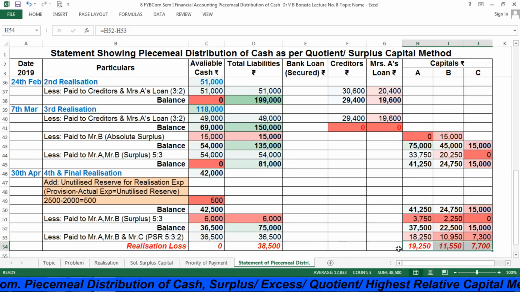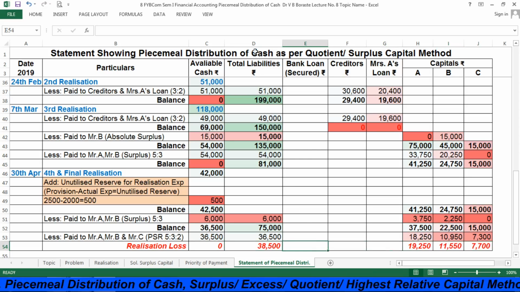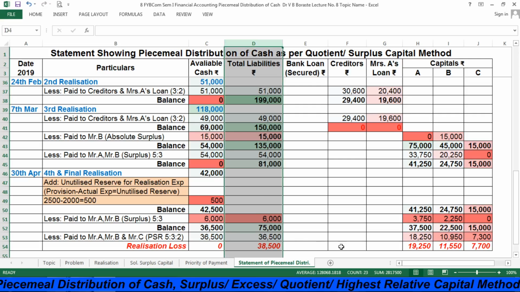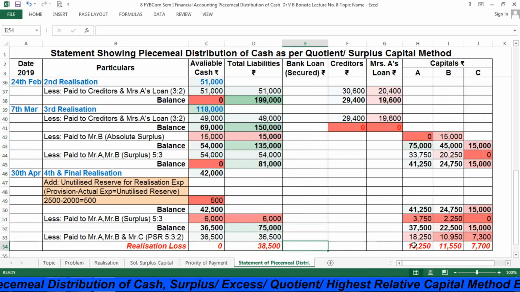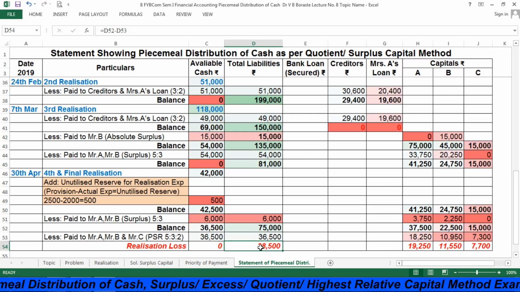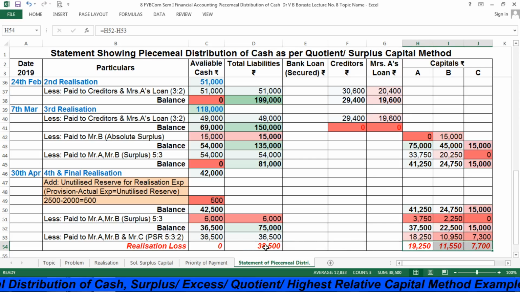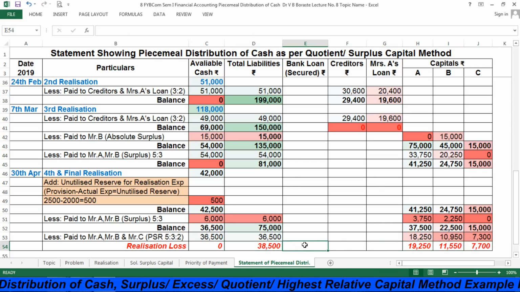So the total of this realization loss equals your total liability. As I earlier said, the total liability column is important. It is from this point of view that you can cross check your total realization loss with total liability. That means the liability which is unpaid must be equal to your realization loss, and if it is not, then there is some problem or there is some mistake.